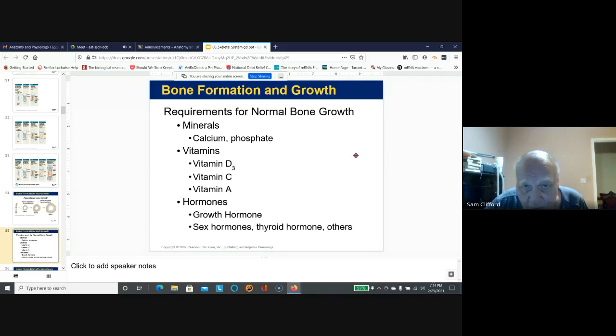Okay, what do you need for bone growth? Minerals, vitamins, and the hormones that influence bone growth are growth hormone and the sex hormones.